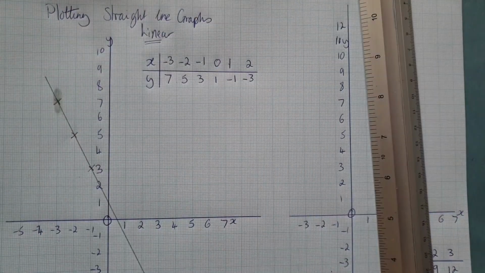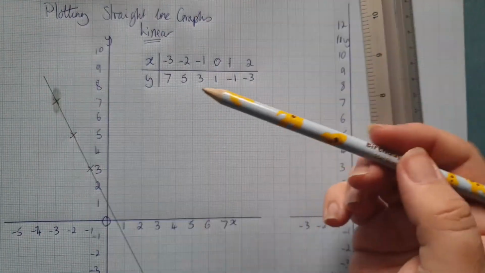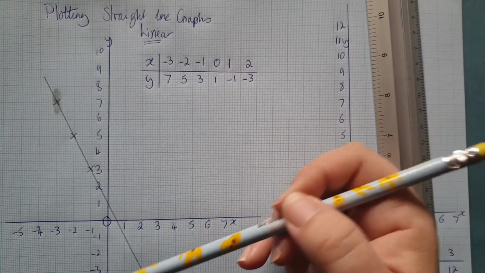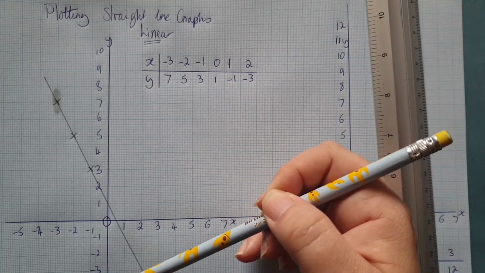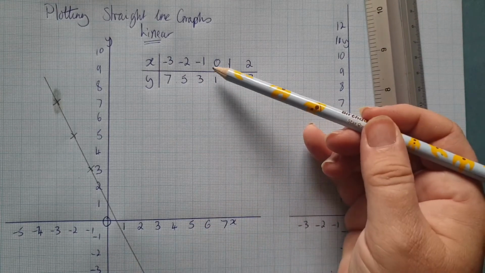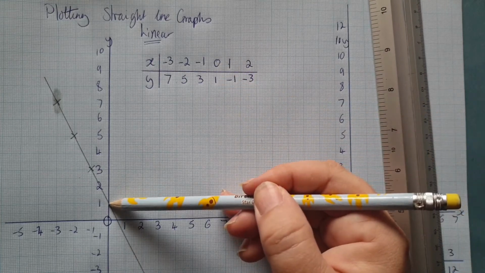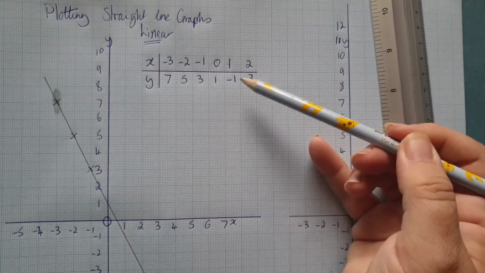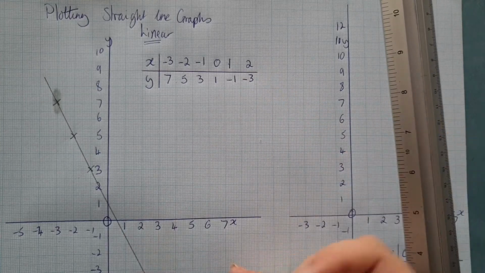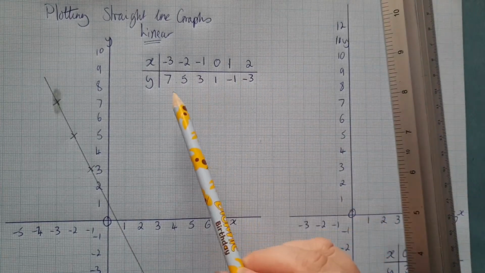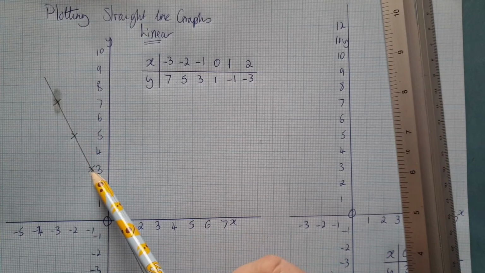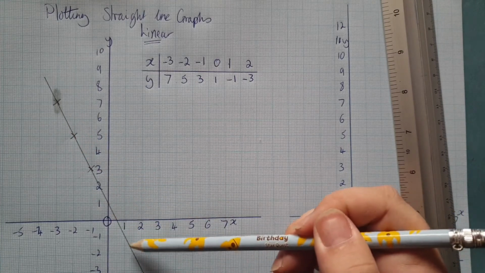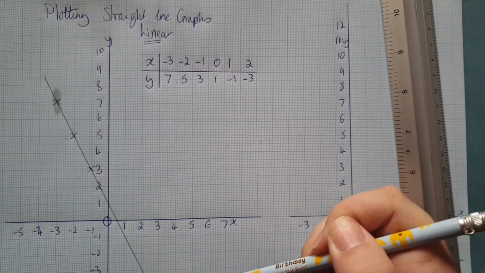Okay, now the rest of these points should lie on the line. So 0, 1, it does. 1, -1, it does. 2, -3, it does.